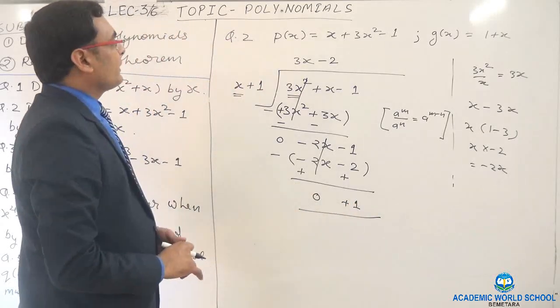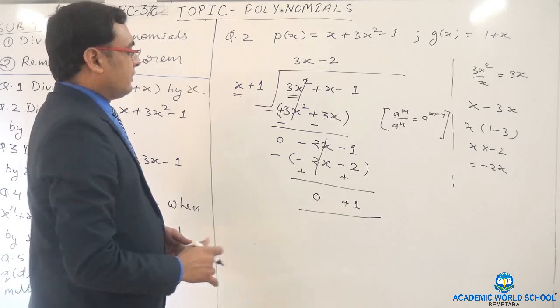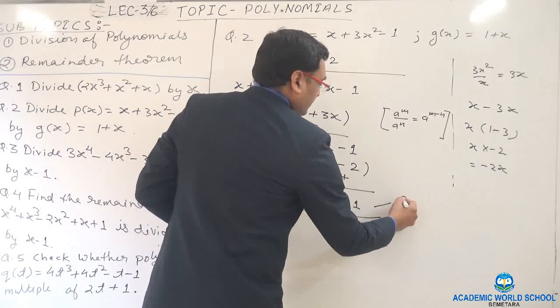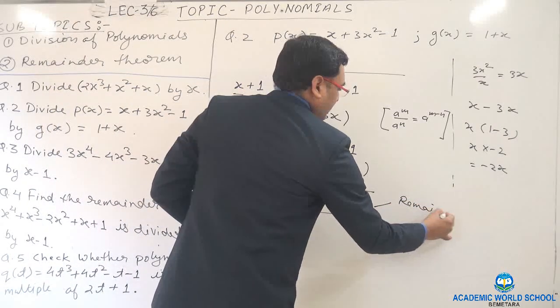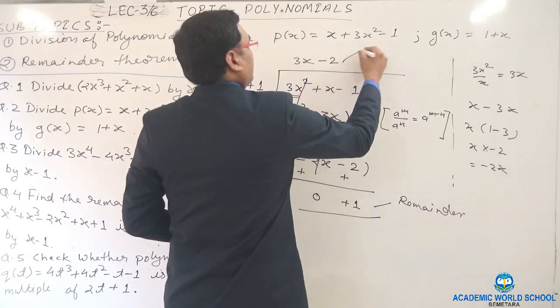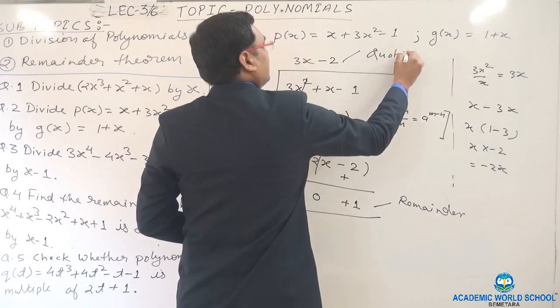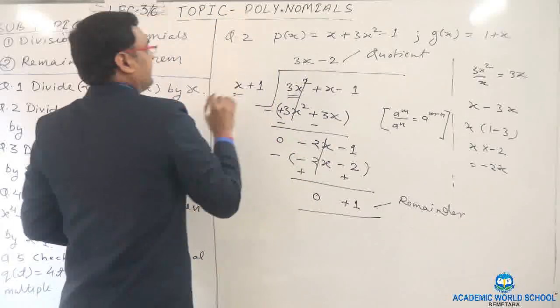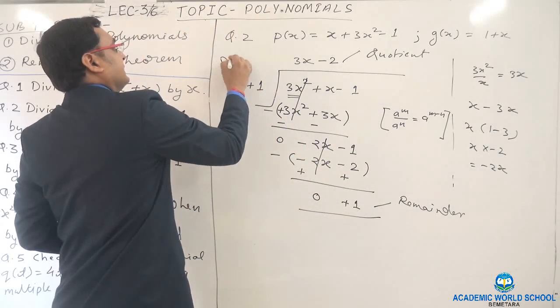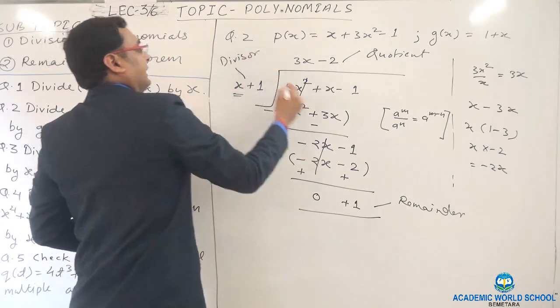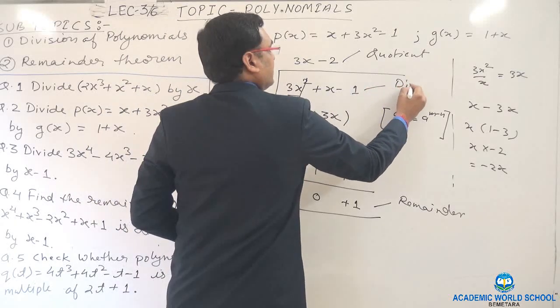So this is our remainder part, plus 1. This is our quotient part, and already you know this is the divisor and this one is the dividend.